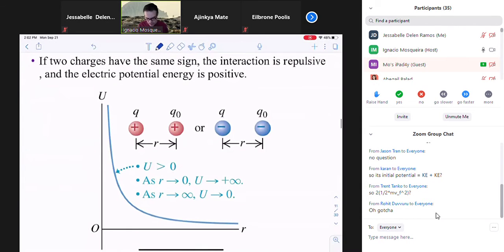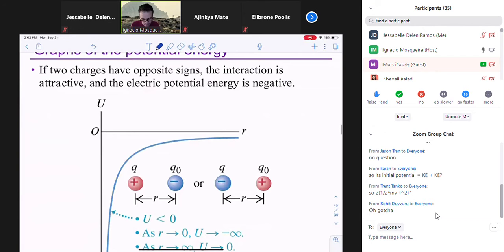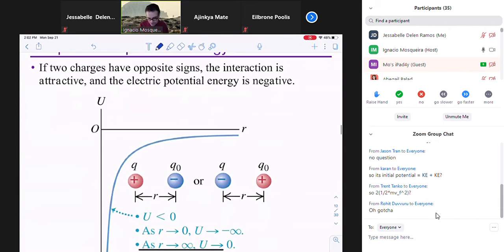Now here they're explaining what I just said again: when it is positive, when it is negative, when it's attractive, when it's repulsive. This is the key thing. This graph here is for when the charges are opposite, so one positive, one negative. When the charges are infinitely separated, the potential energy is 0.